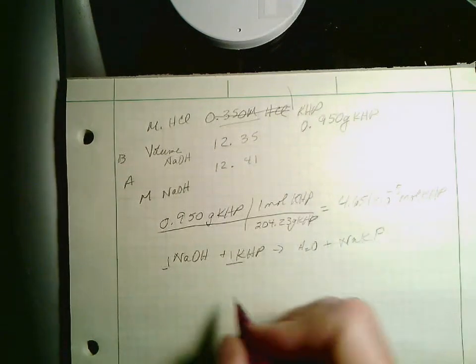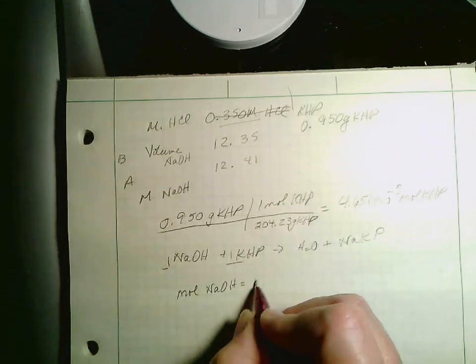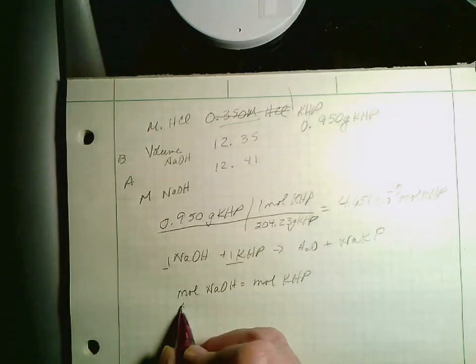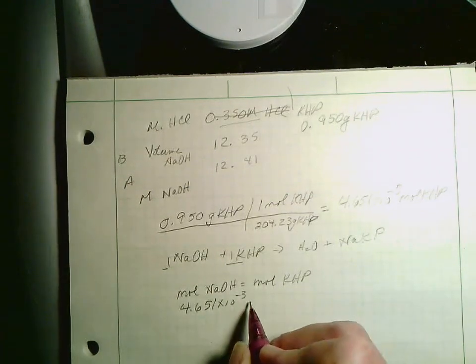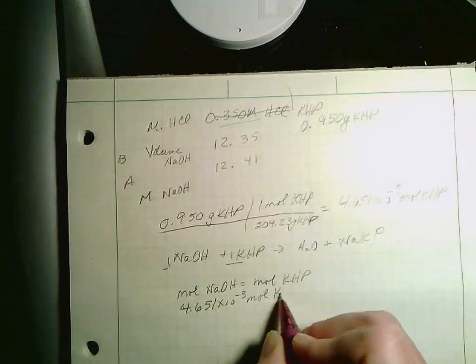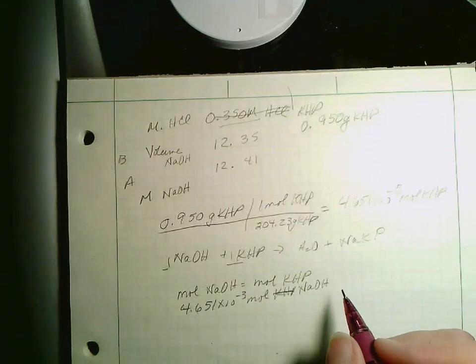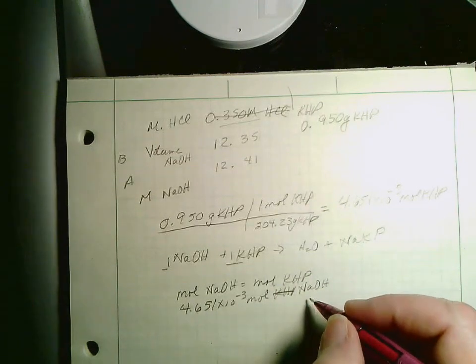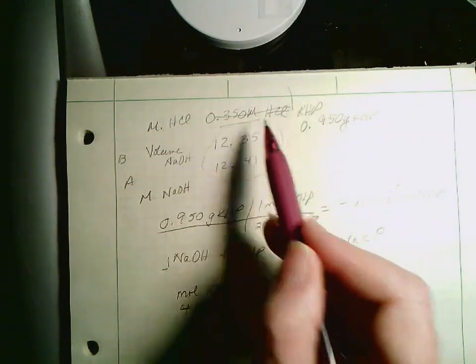So my moles of KHP equal my moles of NaOH, and I'm going to have 4.651 times 10 to the negative third moles of NaOH. If I know how many moles, how am I going to figure out the volume? Because I want to know molarity. Molarity is moles per liter. So I need to use this data now to get my liters.